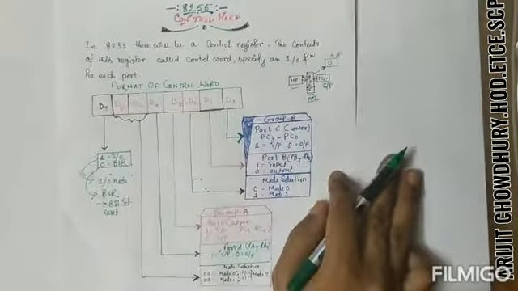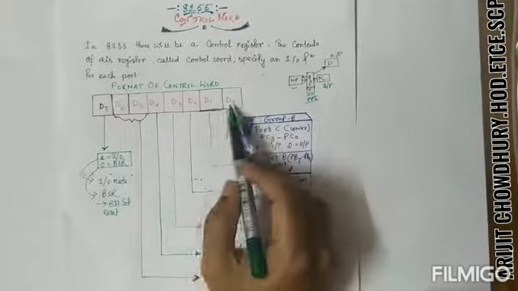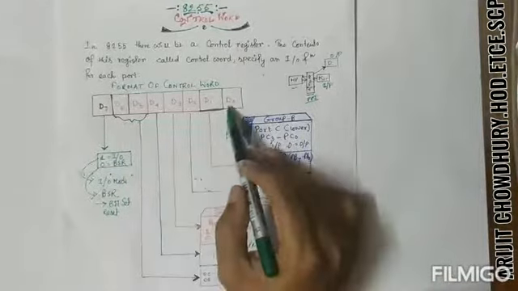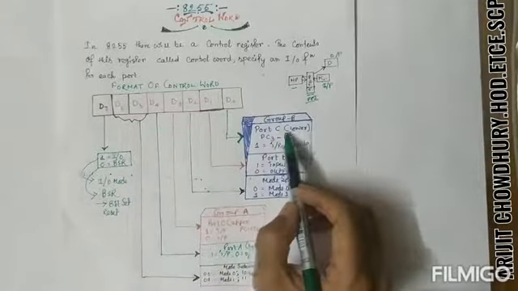D0 to D7. D0 specifies the port C lower part.